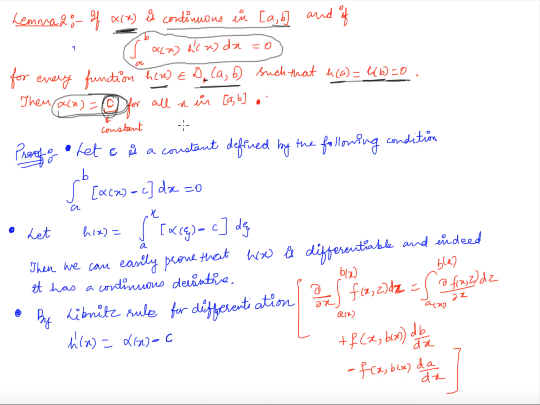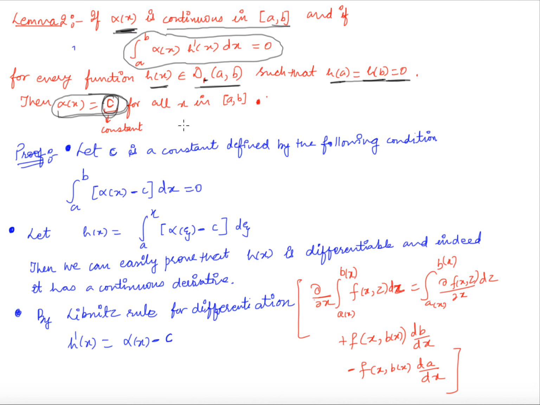Let c be a constant defined such that the integral from a to b of alpha x minus c dx is equal to 0. This is how our c is chosen.